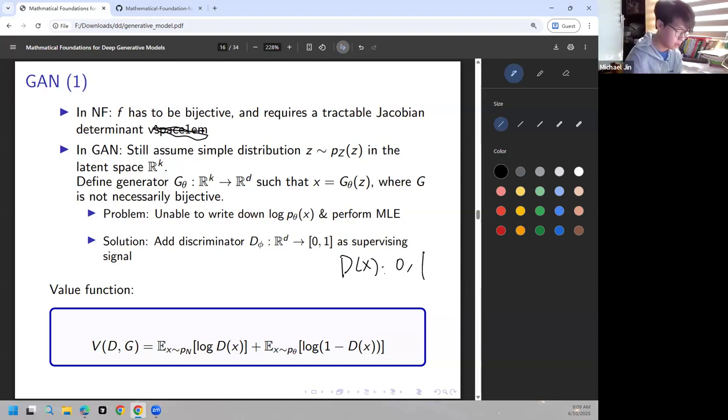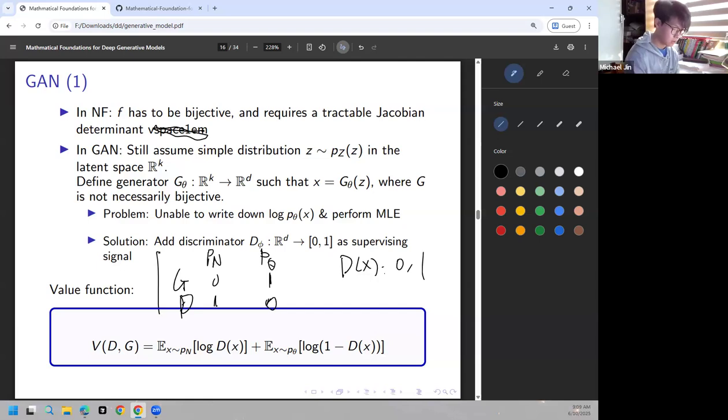But we can see that if x is from p_data, the generator wants a score of 1 on p of theta, but the discriminator wants a score of 1 on the real data and 0 on p of theta, because p of theta is the output given by the generator, which should be a fake result.